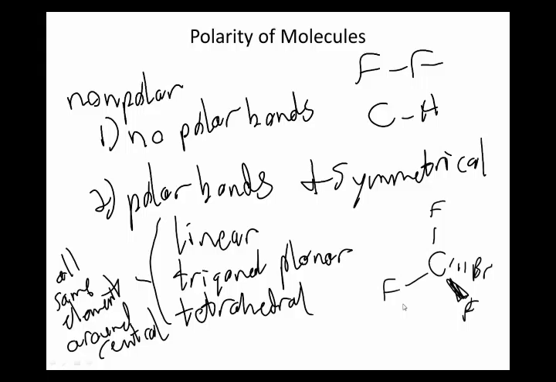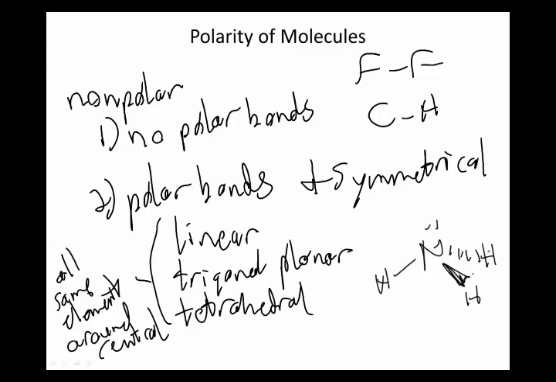A molecule has to either have all nonpolar bonds, or it has to be exactly the same all the way around. You can think of it this way: a lone pair is the same as having a different atom. A lone pair screws up the symmetry. So, same, same, same. Oh, lone pair, screwed up. So can't have that. So now it's polar.